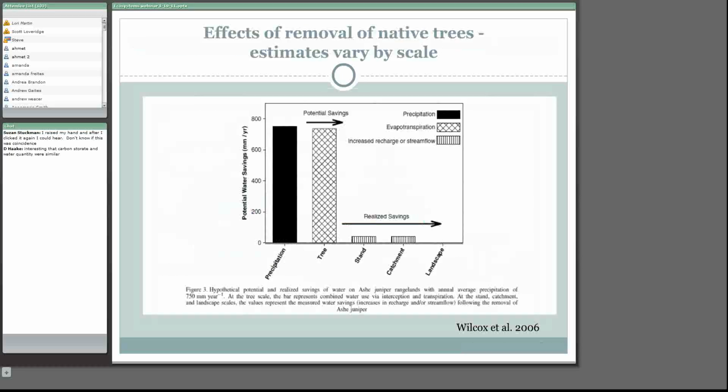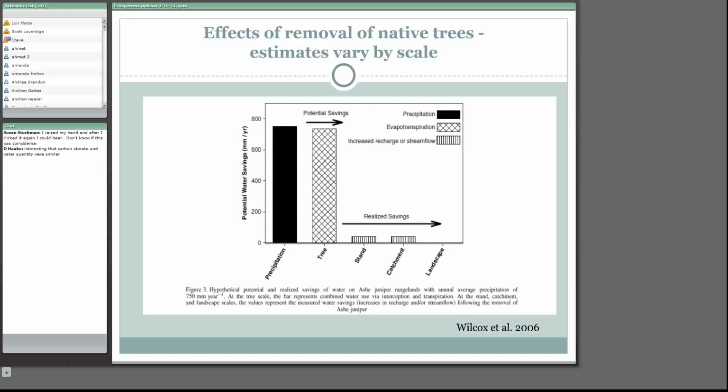If we look at, in this case, individual trees versus trees on a stand scale, we can see their impacts on, in this case, water savings. On the individual tree scale, the effect of a tree using water is pretty significant.